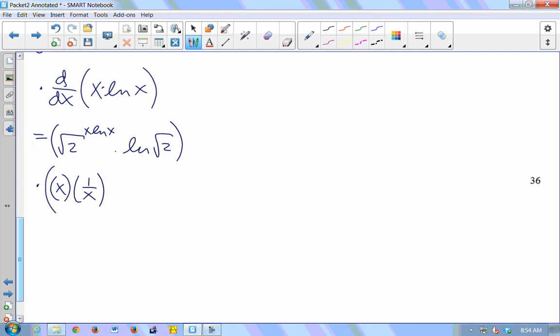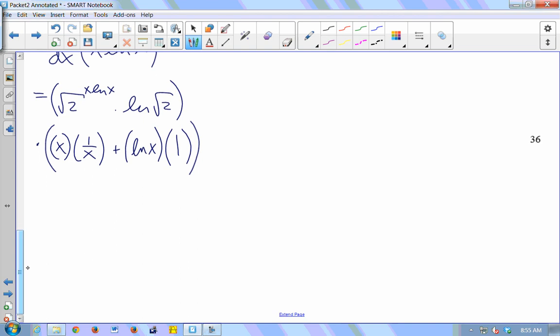First times the derivative of the second plus the second times the derivative of the first, which is 1. And then x times 1 over x is 1. Ln x times 1 is ln x, so I can simplify this to that.